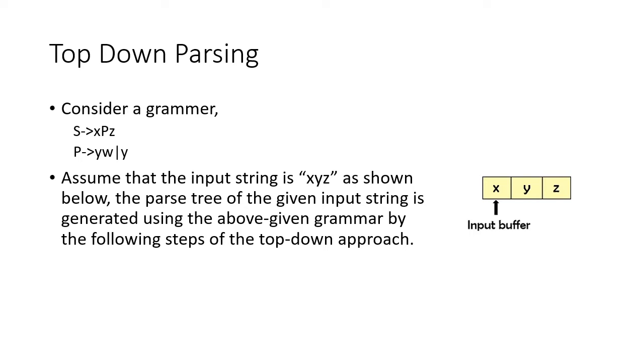Now we should know that parsing is a technique to verify whether your input string is in the correct order or not, or whether it follows a grammar or not.